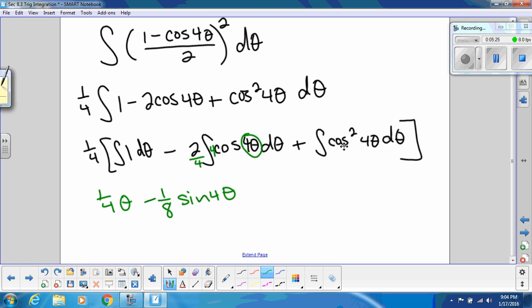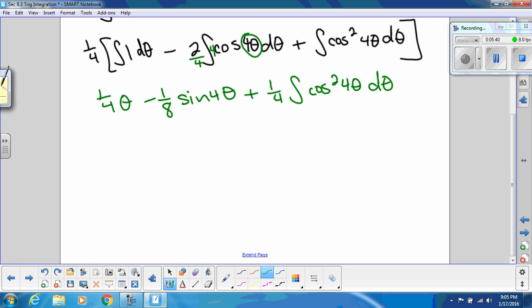And then I have a fourth in front of here. This is, remember, I can't do this without a sine in there, so I have to do another formula here. Okay, so remember that the cosine squared one is going to be a plus instead of a minus. So I'm going to replace all of this stuff with 1 plus cosine of 2x, so that's 2 times 4 theta, all over 2.